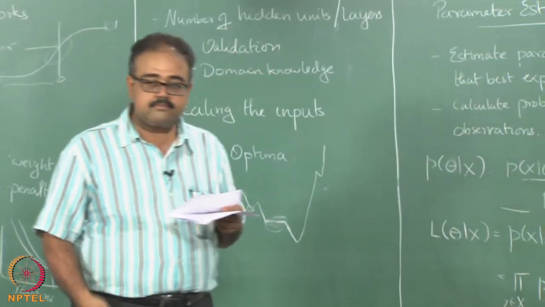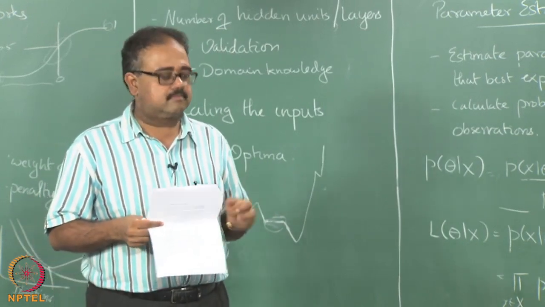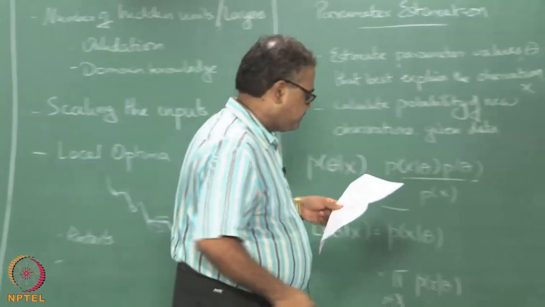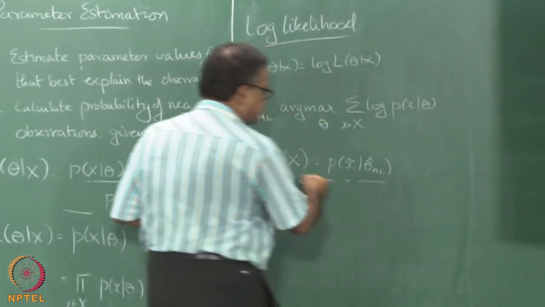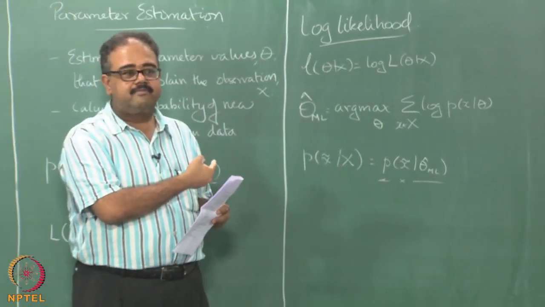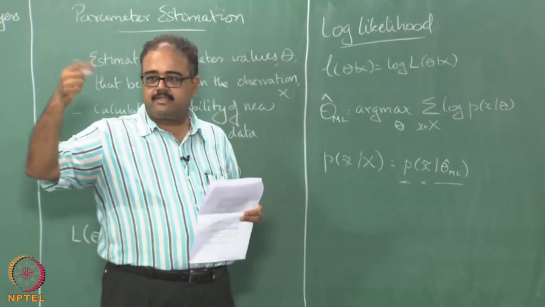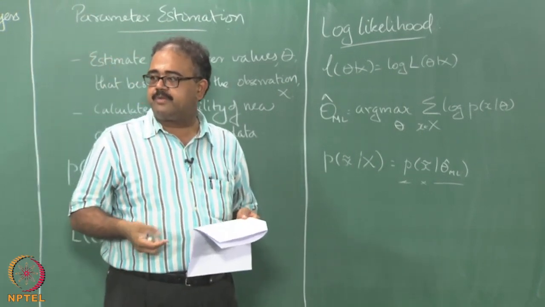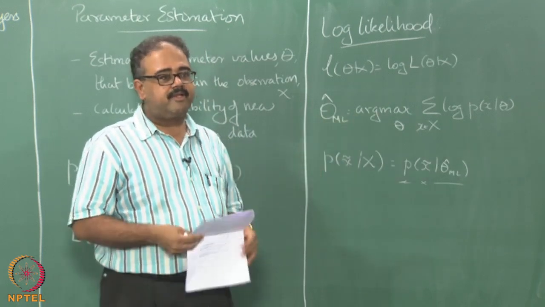In fact, this is exactly what we did in the logistic regression case. We found the maximum likelihood estimates for the parameters beta, and then we plugged them back in and said, okay, this is how you estimate the parameters.